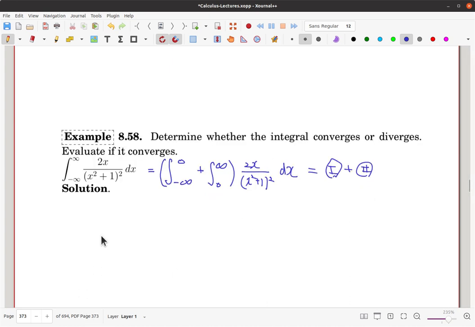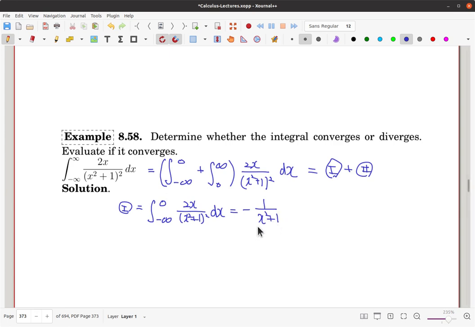For part 1, that's the integral from minus infinity to 0 of 2x over (x squared plus 1) squared, dx. Its antiderivative looks like minus 1 over (x squared plus 1).